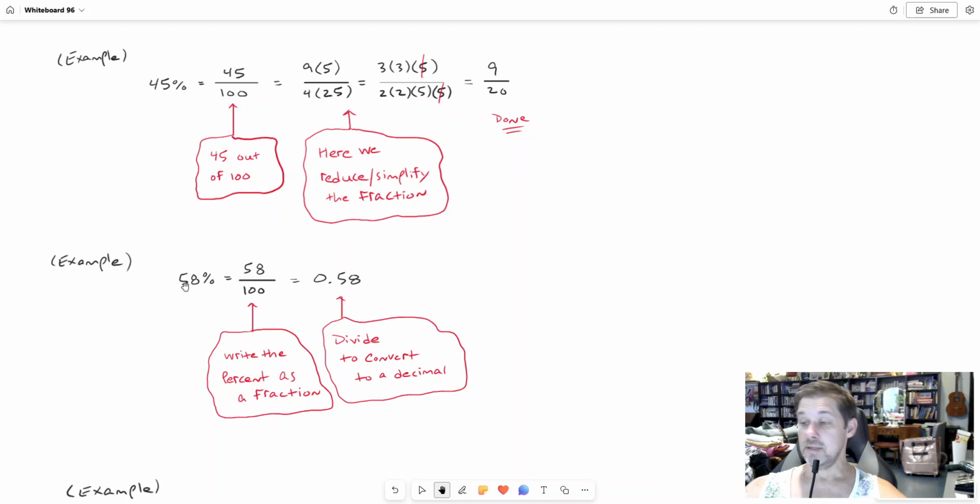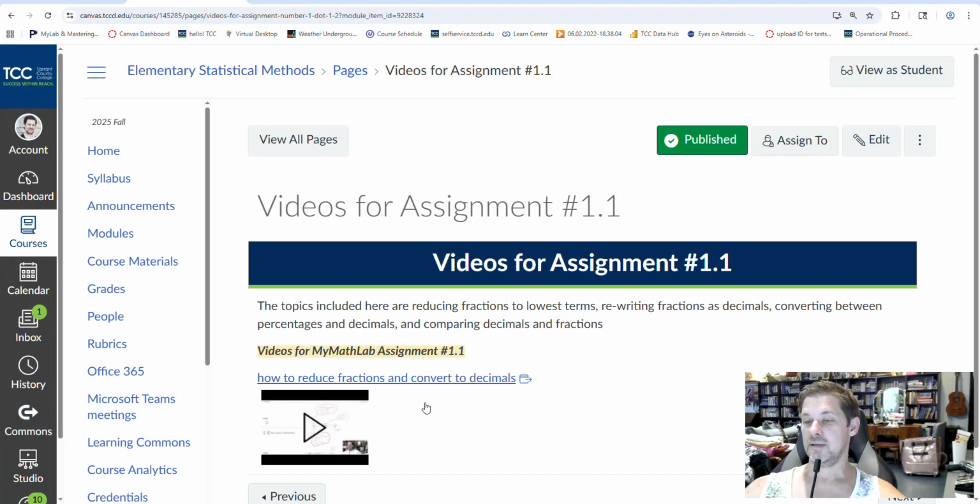What does percent mean once again? I'll convert it to a fraction. So 58% means 58 parts out of 100, or 58 on top, 100 on the bottom. So that's a fraction. How do we convert a fraction to a decimal? That's in that other video, which will tell you how to convert fractions to decimals.